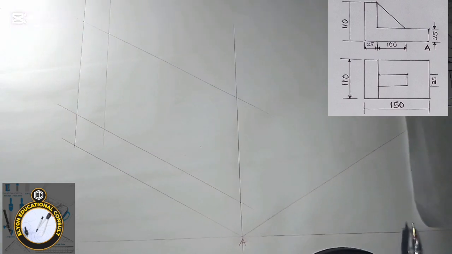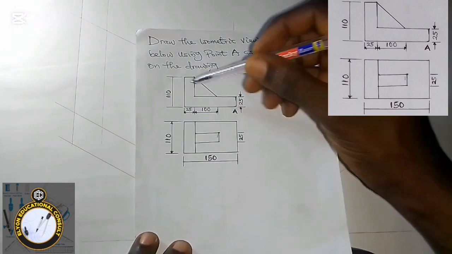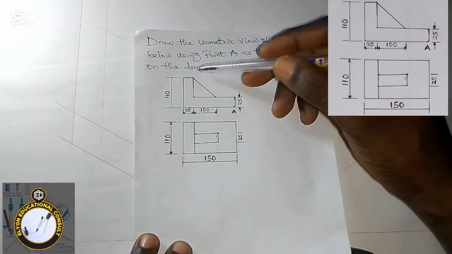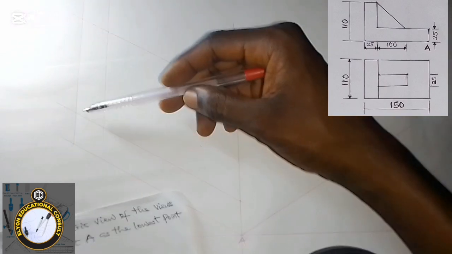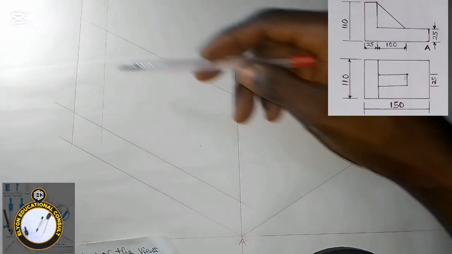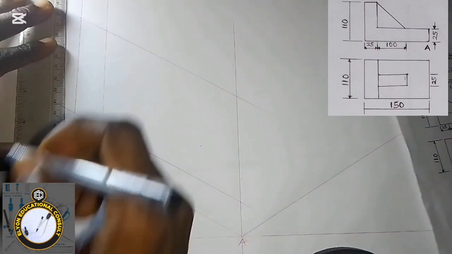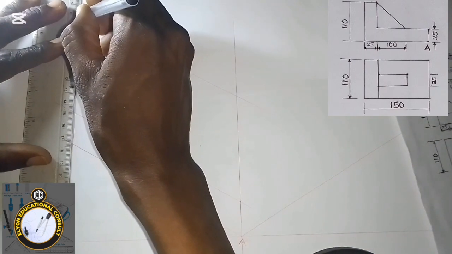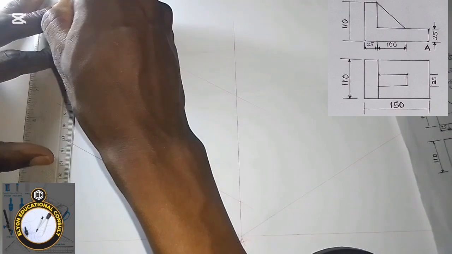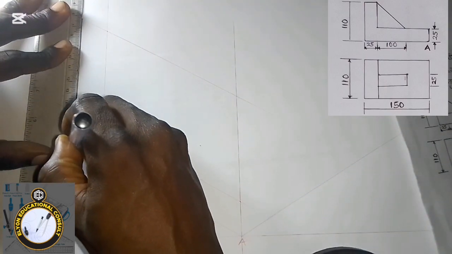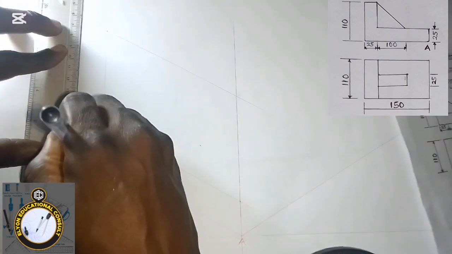This part here is from here to here. Let me highlight that part for us to see. So we have this.